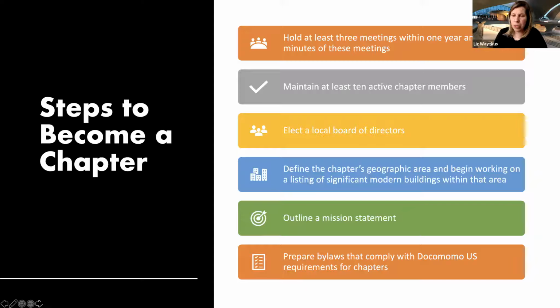They are essentially a chapter, but they don't have Docomomo in their name. And we list them the same way we would list all of our chapters. We communicate with them exactly the same as all of the chapters, but they are an organization that had already existed. So if you're in an area where there is a similar organization whose mission is very much aligned with Docomomo, perhaps you wouldn't be creating a chapter, but you would be creating a friend organization.